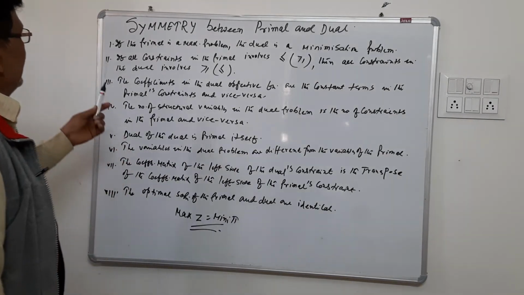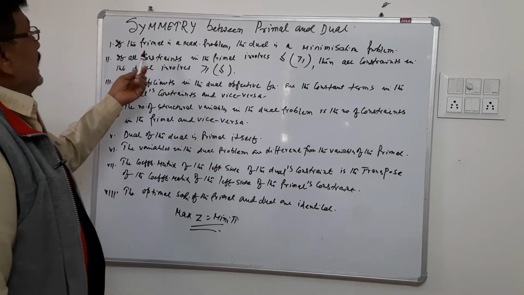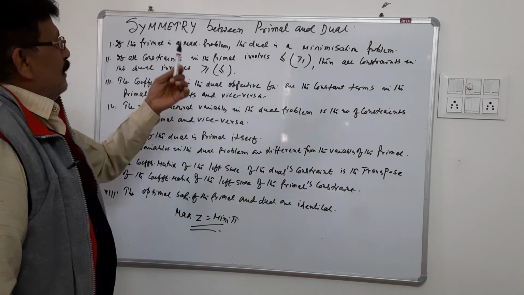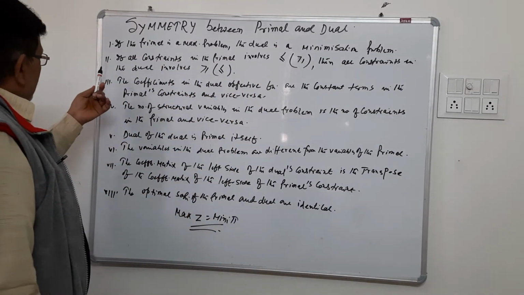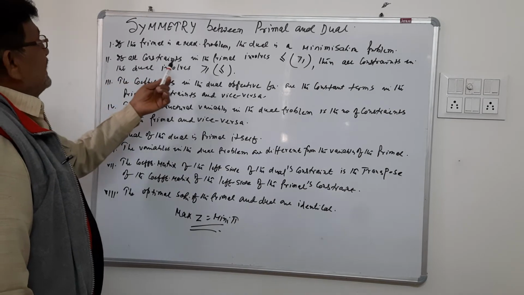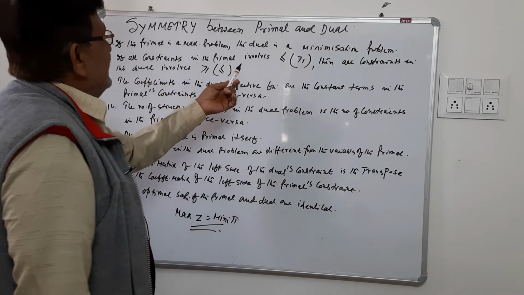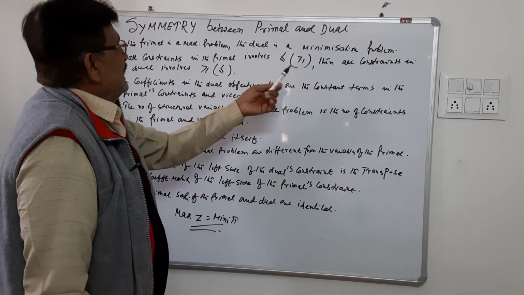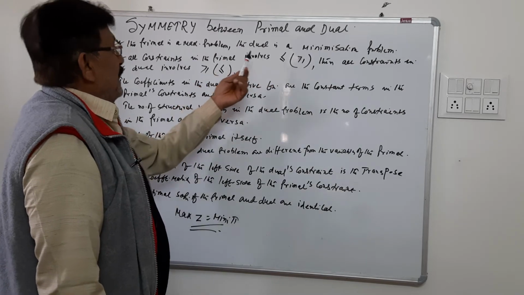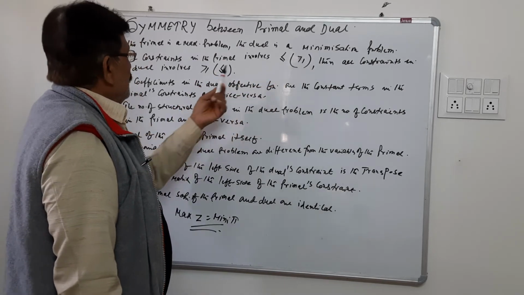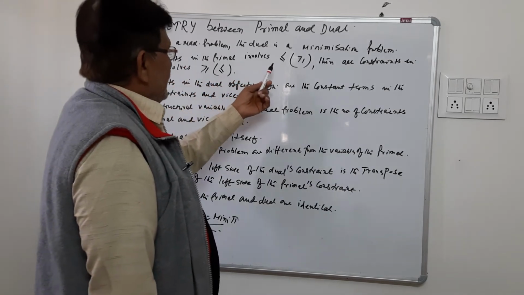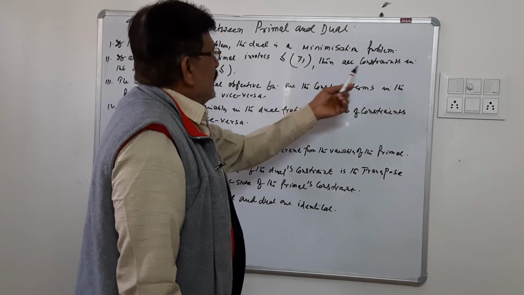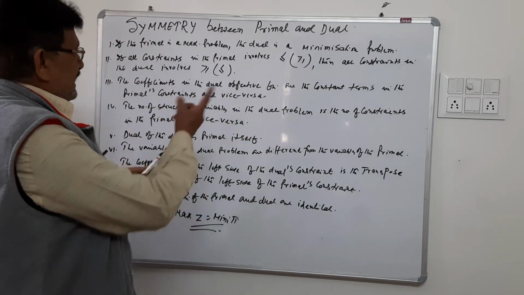Number 1 says, if the primal is a maximization problem, the dual is a minimization problem. Fine. Number 2, if all constraints in the primal involve less than, then the dual becomes greater than. In the primal, if it is greater than, in the dual it becomes less than. So if all constraints in the primal involve these signs, then all constraints in the dual involve them in just the reverse way.